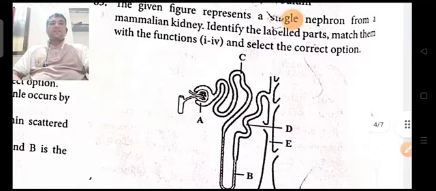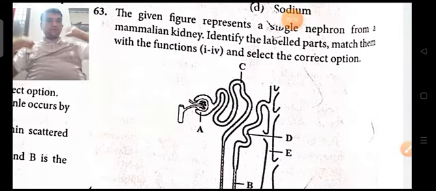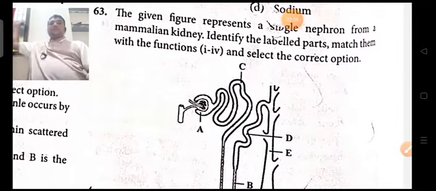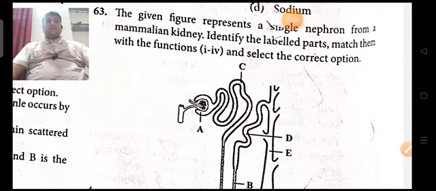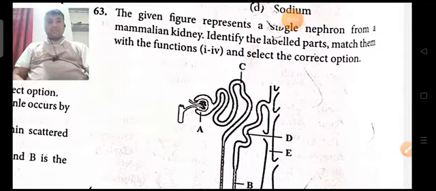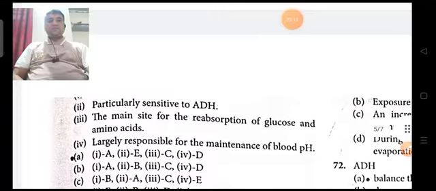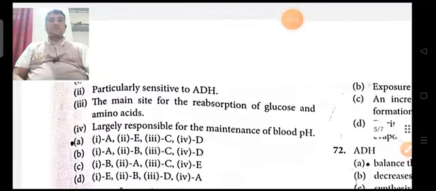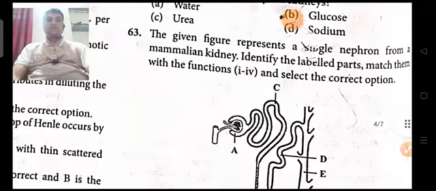Next, this is a diagrammatic representation of a nephron. In this diagrammatic representation of nephron, you can see that A, B, C, D, E are given. So relating to this, we'll try to see the options, like question number 63.